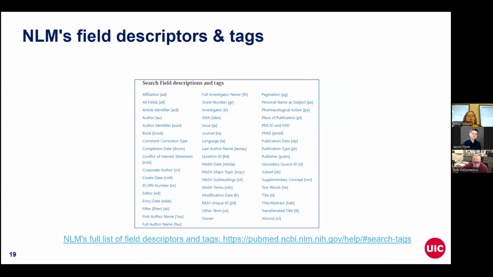So there is a full list of field descriptors and field tags. You can take a look at them if you want, but the ones that we use the most are TI for title, AB for abstract, and sometimes TW for text words.